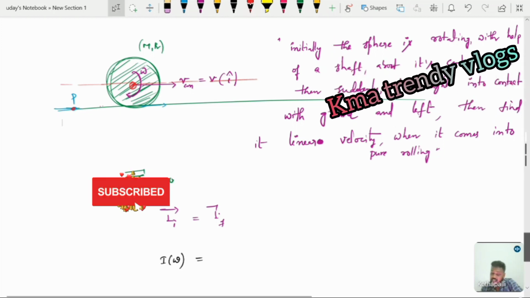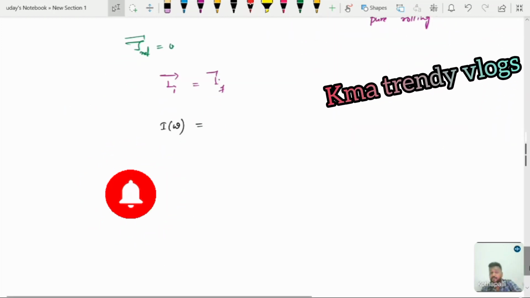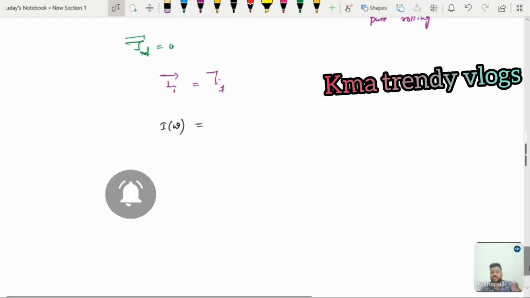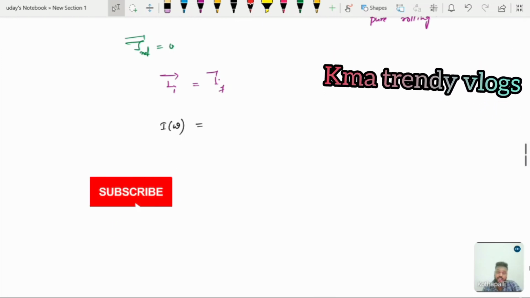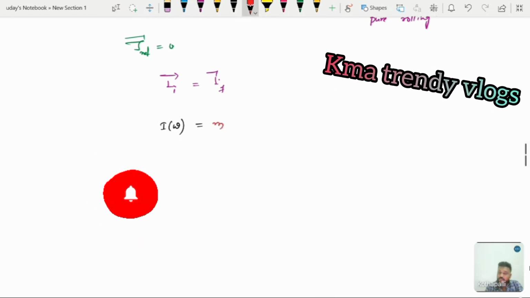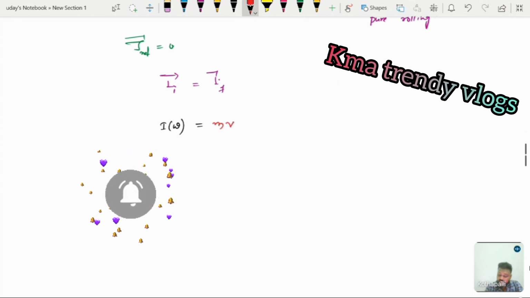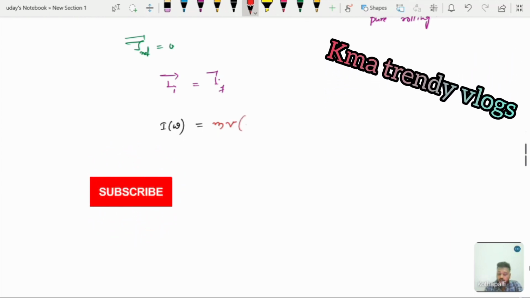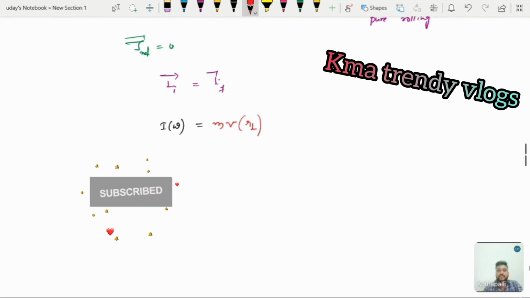The angular momentum of a point mass about a reference point is m into v into r perpendicular.